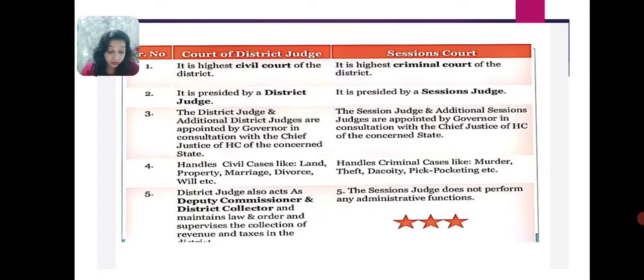Then it is mandatory that a sentence of death must be confirmed by the High Court before it is carried out, irrespective of whether an appeal is made to the High Court or not.